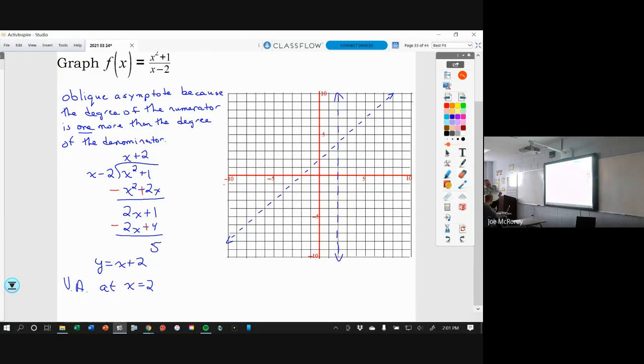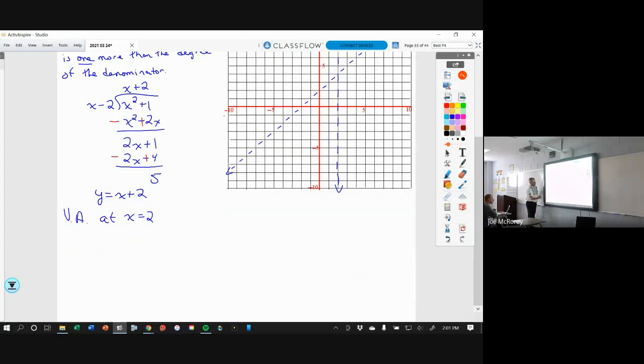Will this graph ever touch the oblique asymptote? Will the graph touch the non-vertical?